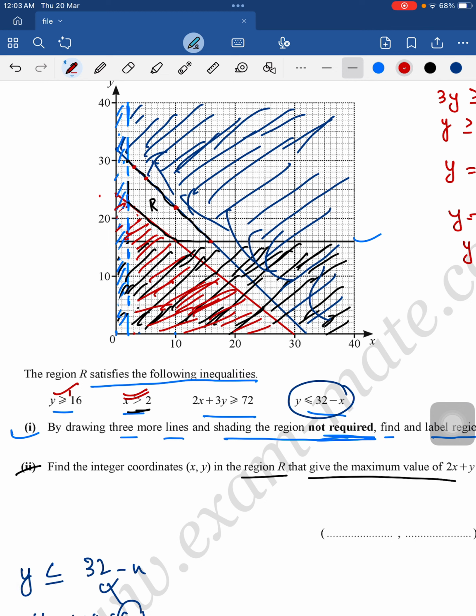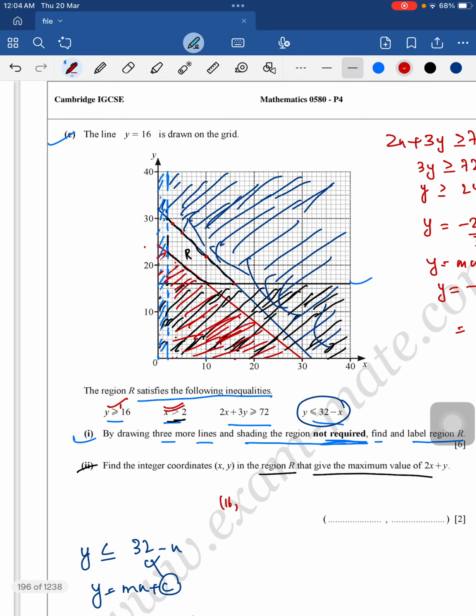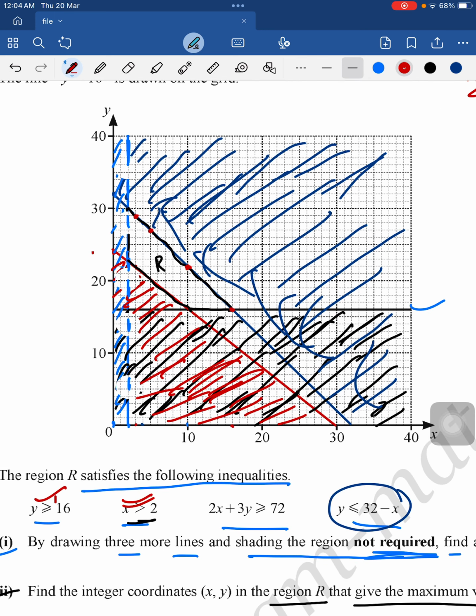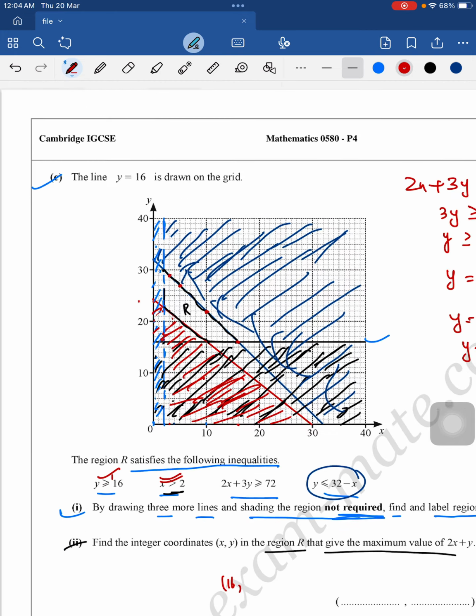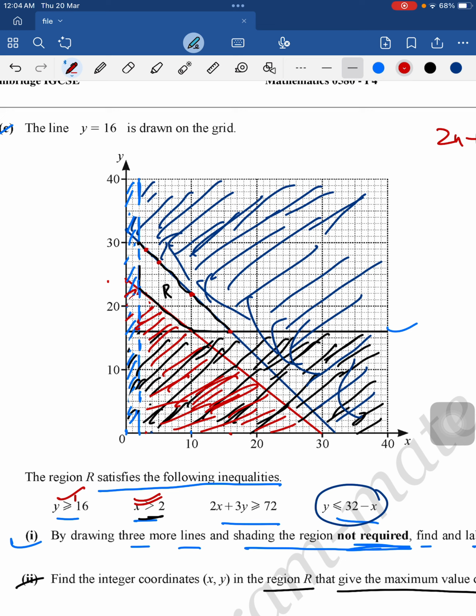Let's see. The first data point is over here, that is 16, 16. We have the x value 16 and the y value 16 as well. Second, we have 10 and 22.